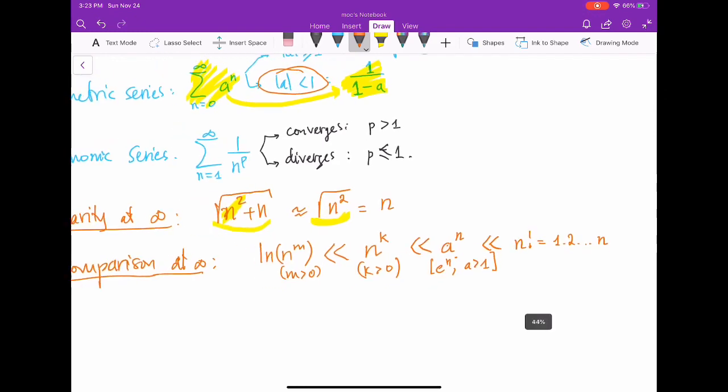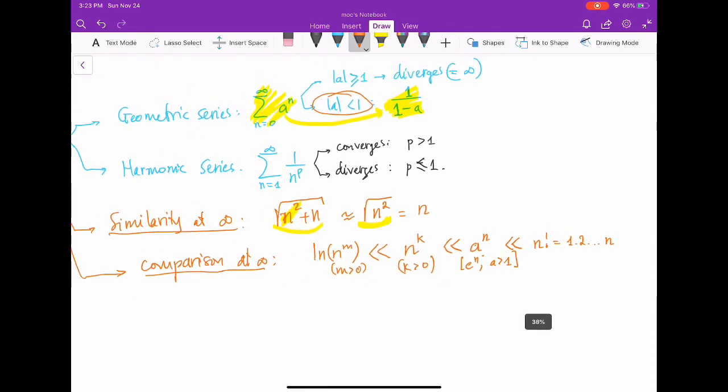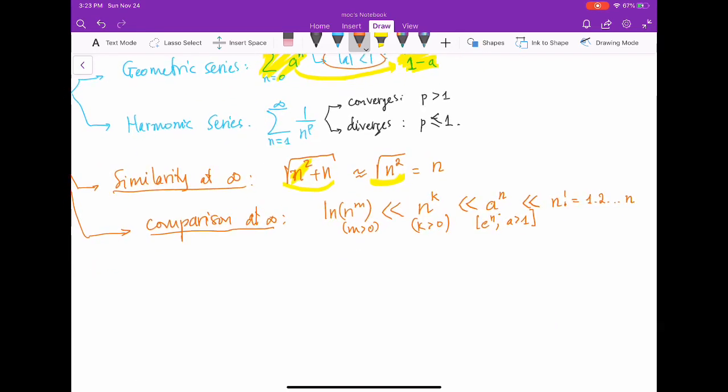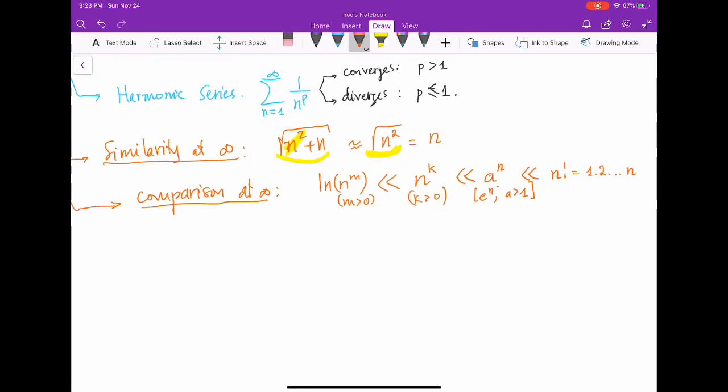So we use this comparison to consider if a series converges or diverges. We'll discuss more about that, but anyway, I can give you some typical forms of this.